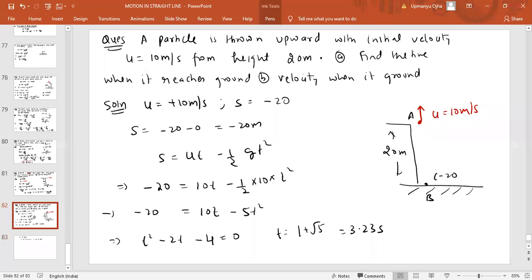Upward will be taken as positive, downward will be taken as negative. That is the first basic point. The second basic point is displacement. Here, s is the displacement of the object. It is not the distance covered by the object. It is the displacement here. Okay, fine, understood.